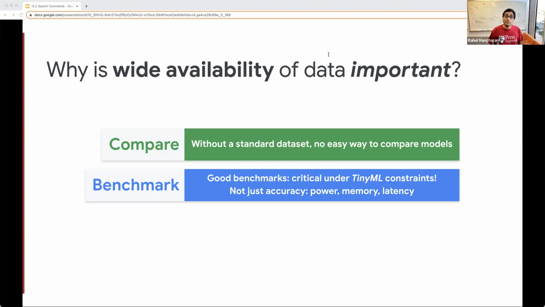So you want to be able to use the same data set to benchmark different systems. So we can actually assess the forward progress you're making, not just from the model accuracy standpoint, but also from the overall system efficiency standpoint, because now you're running this TinyML model that has been trained on the exact data, and you're running it on a system. So you can also benchmark the system if you have a standard data set.